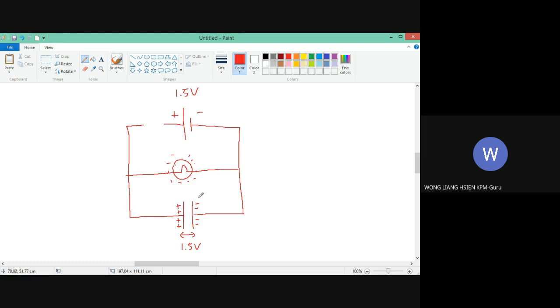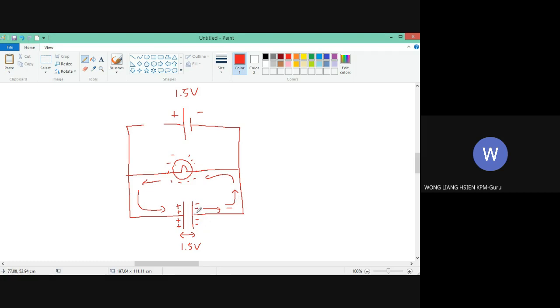So what will happen is, you see this metal plate here, negative and negative, they will repel. So the electrons will flow from here to here, because this plate is short of electrons and this metal plate has extra electrons, negatively charged.